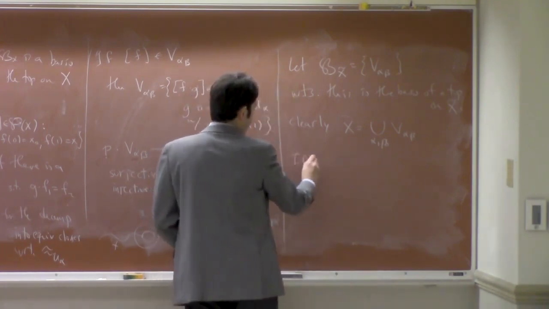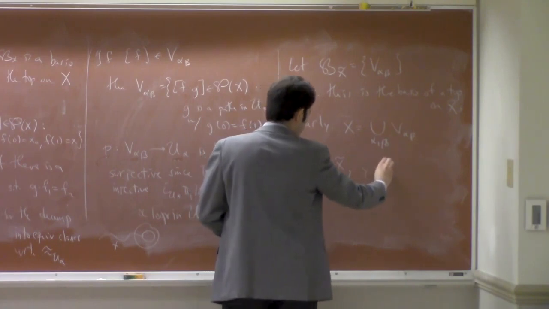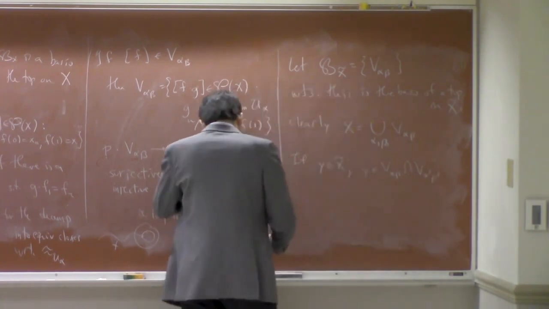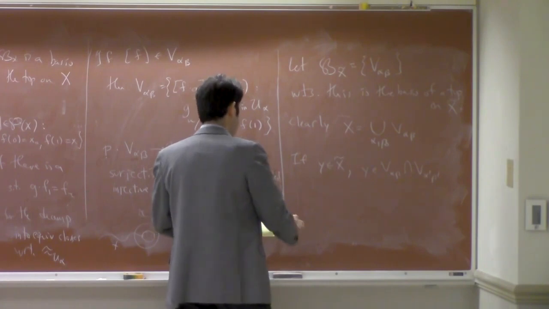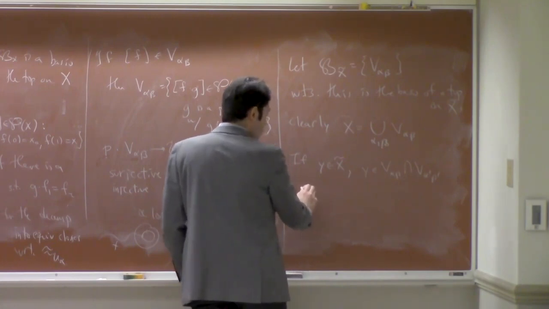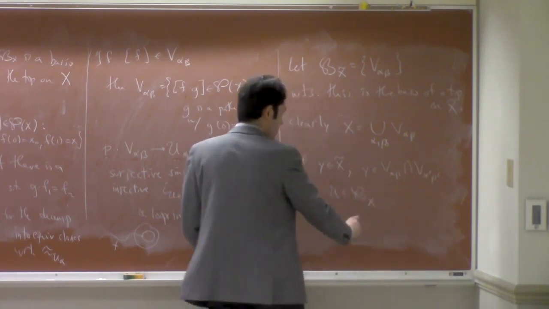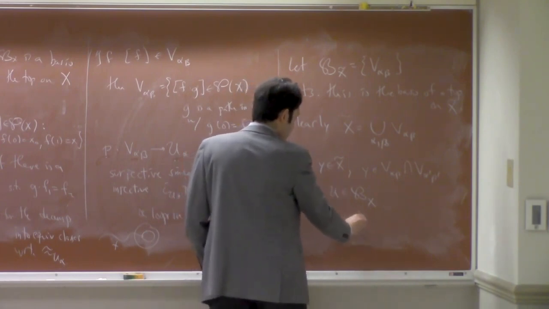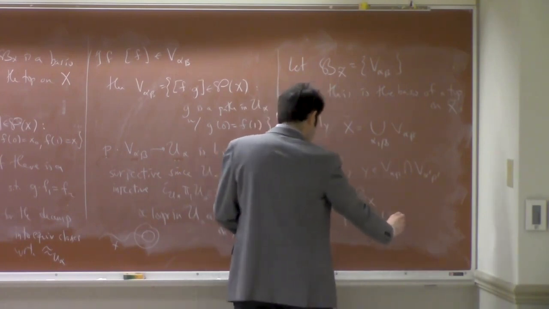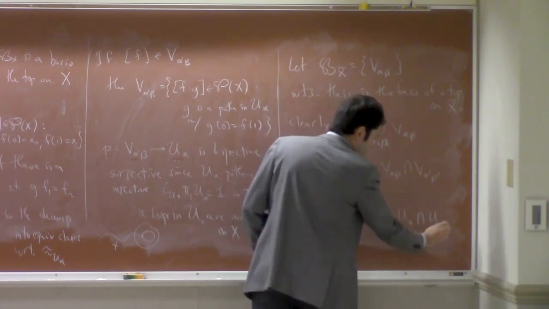On the other hand, if Y in X tilde is in the intersection of two of these sets, V alpha beta and V alpha prime beta prime, then first find U in the basis of X such that P of Y is contained in U, which is contained in U alpha intersect U alpha prime, right?